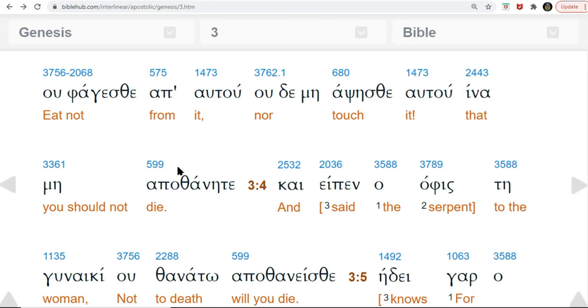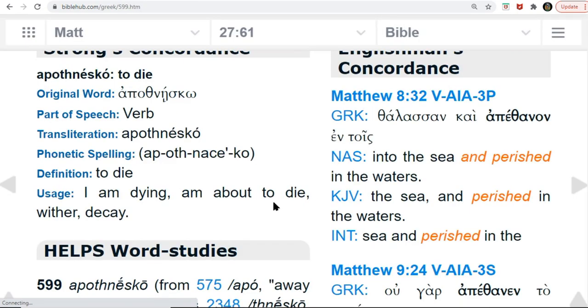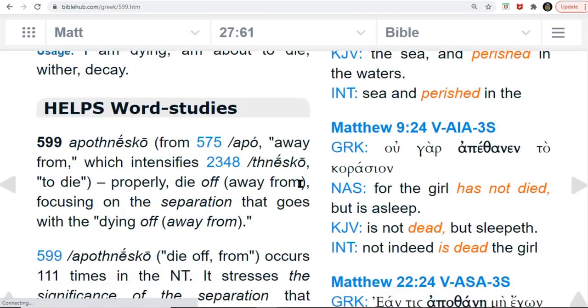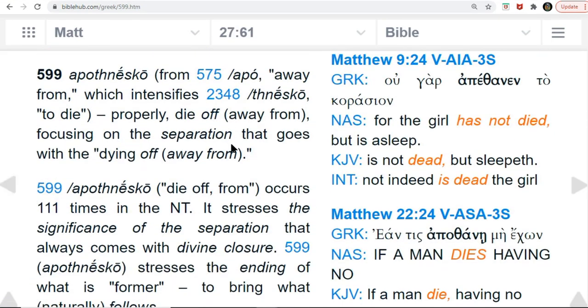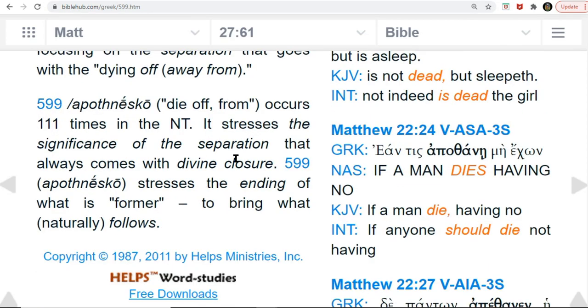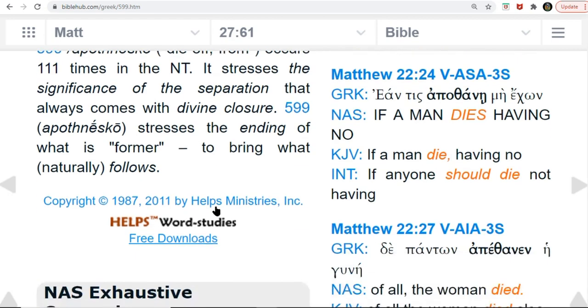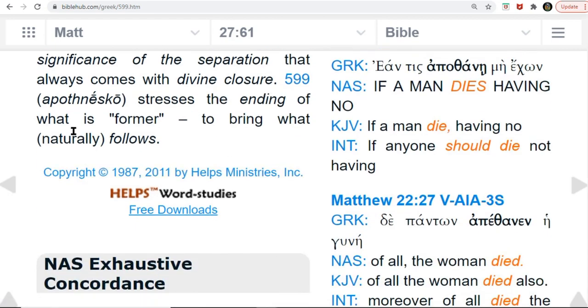What of Ina much apothante, to die, to away the night? I am dying, I am about to die, to wither, to decay, to die off, to focus on the separation that goes with the dying off, of separation that always comes with divine closure, stresses the ending of what is former to bring what naturally follows.